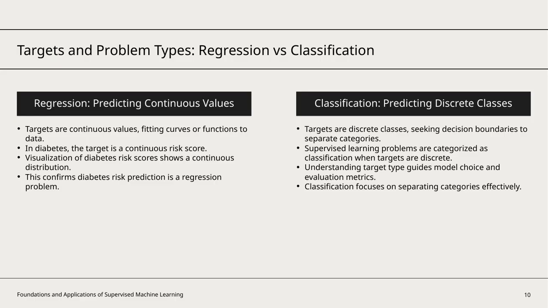When we visualize these risk scores, we see a continuous distribution, confirming that this is a regression problem. Instead of separating categories, we're fitting curves or functions to data points to make accurate predictions. Understanding whether we're tackling a classification or regression task helps us select the right tools and metrics to evaluate our models effectively.